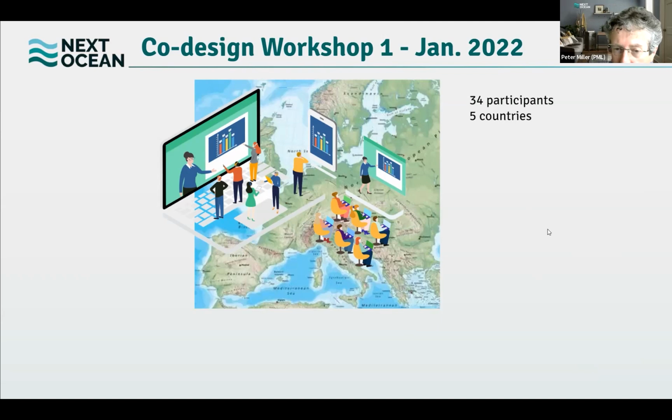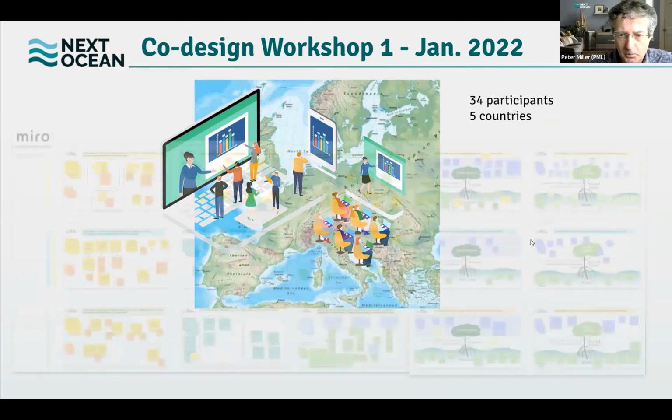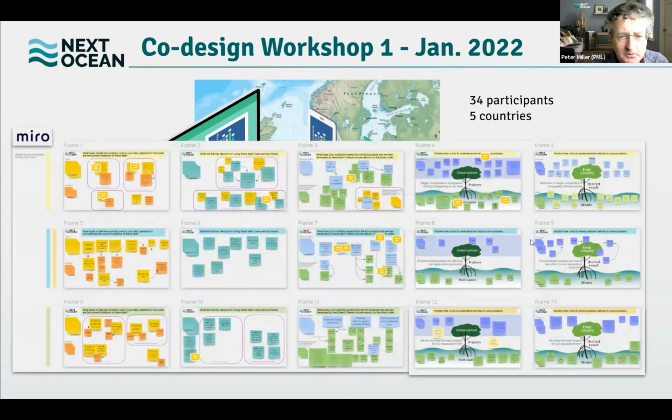So we decided who to invite, and a whole range of participants. 34 participants from 5 different countries attended, and it took place over about 3 hours one morning. We made use of a tool called Miro that some of you may have come across. If not, it's along the lines of a brainstorming session, but making use of online internet technology as best we can.